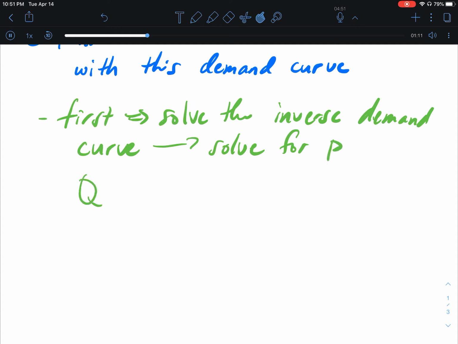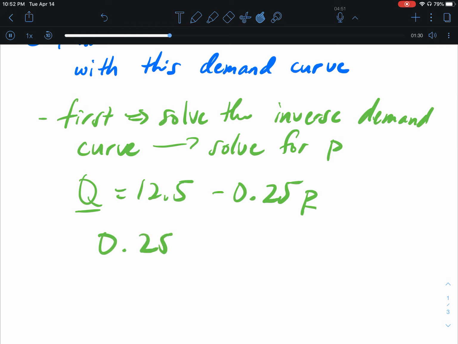So we had Q equals 12.5 minus 0.25 P. We're just going to, instead of having it solve for Q, solve for P instead. So this just involves a little bit of algebraic manipulation. We're going to move the 0.25 P over to the left-hand side, and we're going to subtract the Q over.